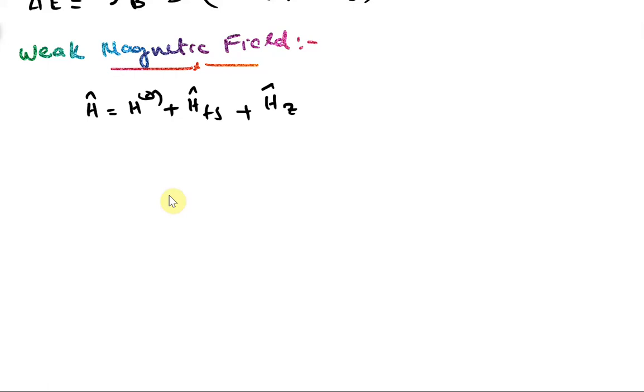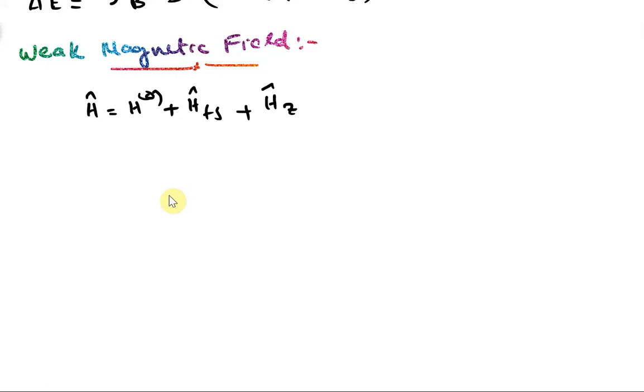When we choose the basis, we have to choose it in such a way that the perturbation component H fine structure, whichever one is dominating, is diagonalized. Our basis has to be chosen not for the second dominating component, but for the first dominating component. That is the way we have to choose the basis.